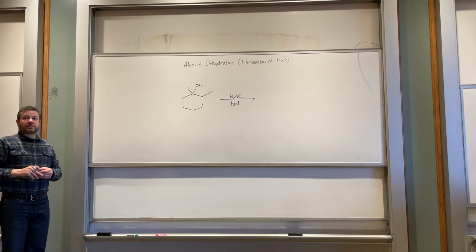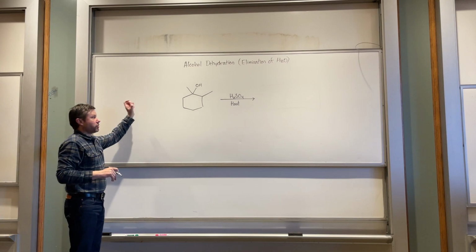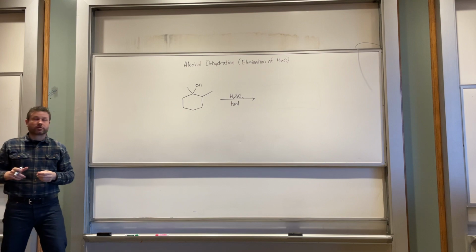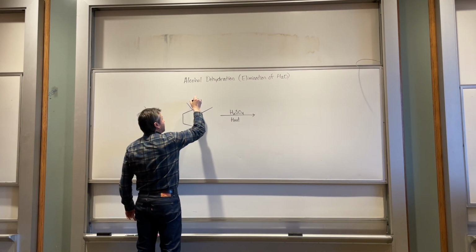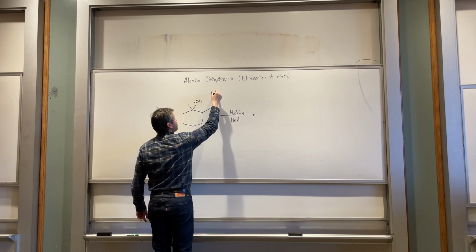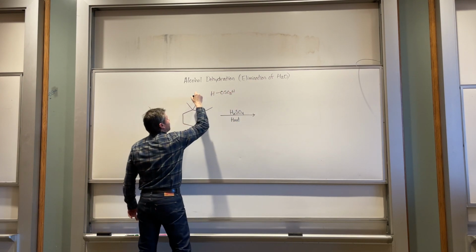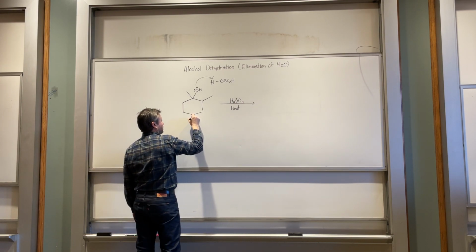So mechanistically, what's going on, before we get into the three products, I think it's helpful to go through the mechanism, or at least what we would think the start of the mechanism would look like. So there really aren't too many things that can happen when you have strong acid and an alcohol other than just an acid-base reaction. So we're going to start out with protonating the alcohol.